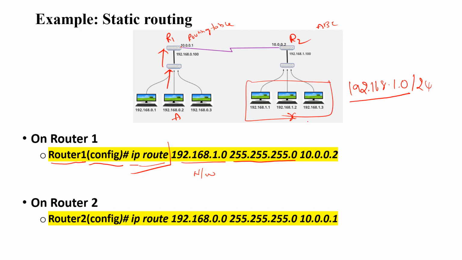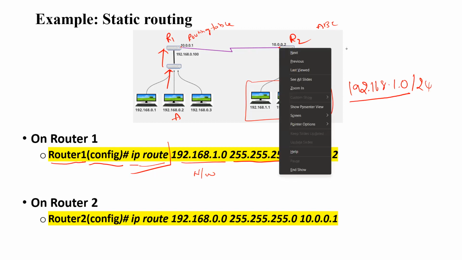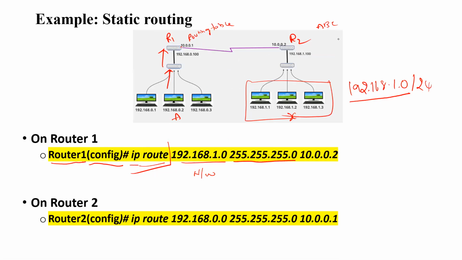To reach the subnet, where does it have to come first? This is the interface which is connected to this router, right? So here we have to point out the next hop, which is nothing but the next point to reach the destination. If you want to reach here, first it has to reach here, then it will come down, right? Yes. So this is the IP address of the next hop, that is 10.0.0.2. Is it clear?